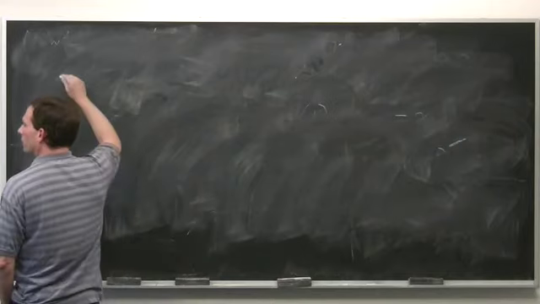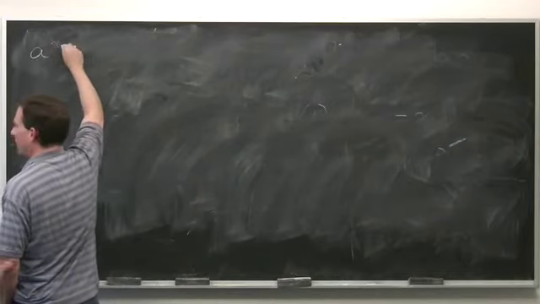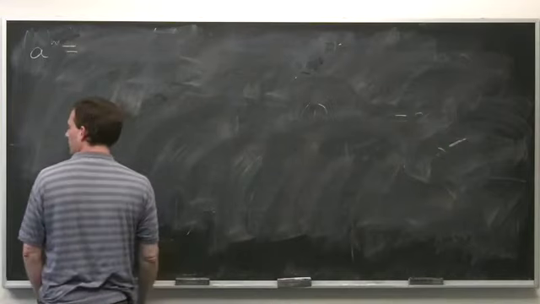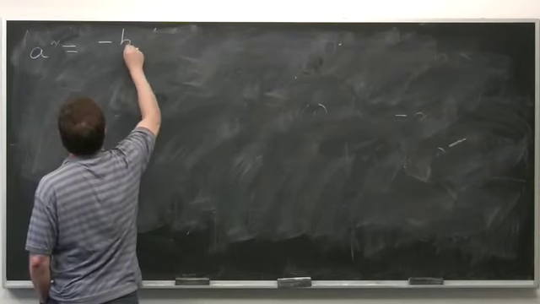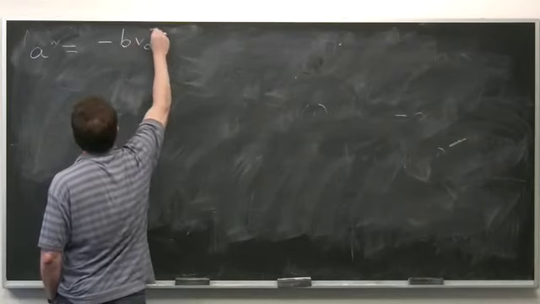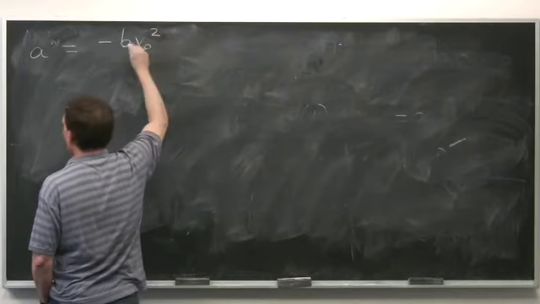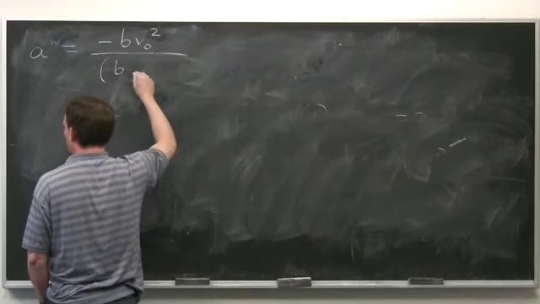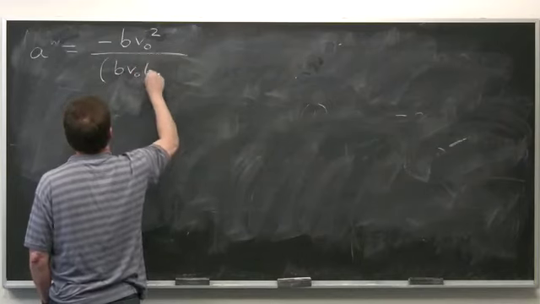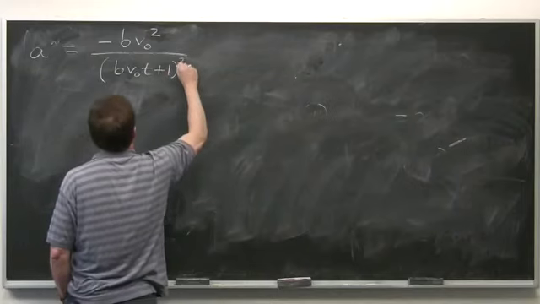So what do we get for the acceleration? We get that the acceleration, A, is, if you multiply that stuff together, you get a minus b v naught squared divided by, so rewrite the b v naught t plus 1 to the minus 2 is dividing by this.